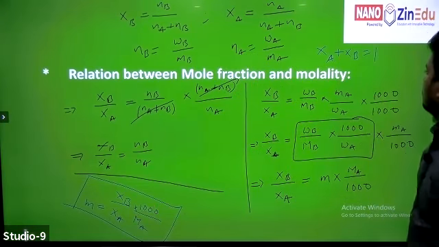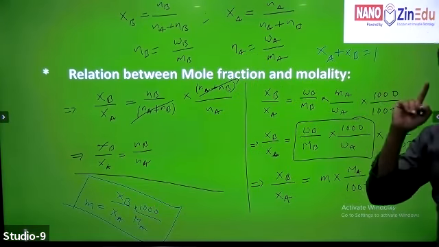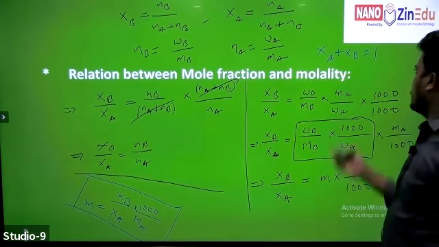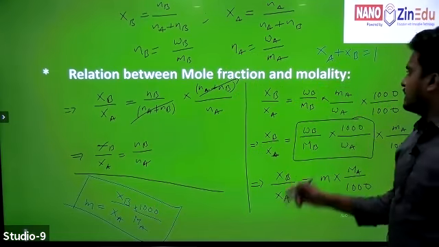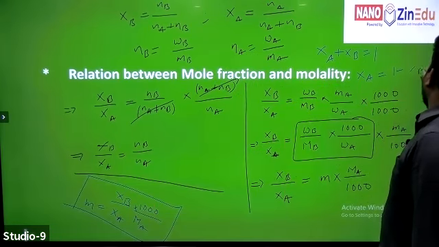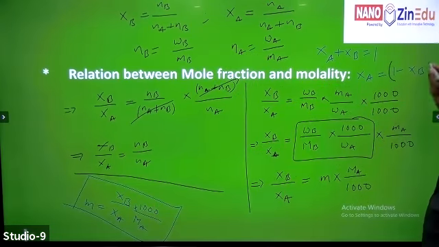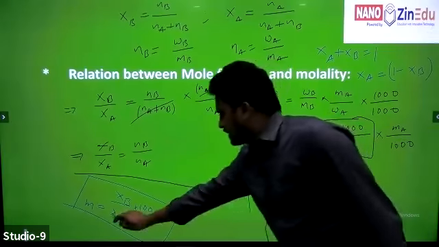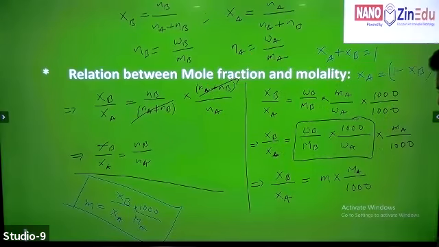So if only xb or only xa is given, use this. If you want to calculate xa, it becomes 1 minus xb. Substitute 1 minus xb in place of xa. Copied, amma? Yes, sir.